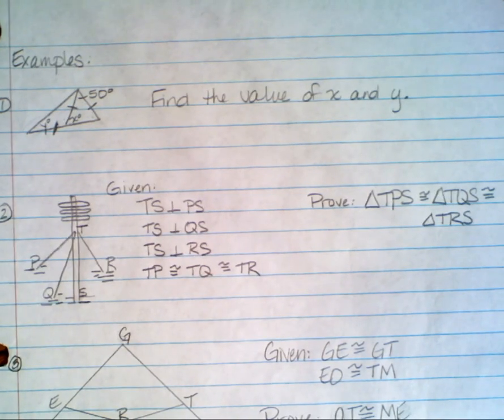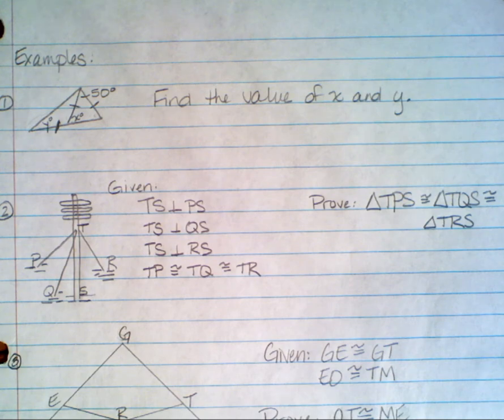This next problem probably needs a little bit of explanation because I'm trying to draw a three-dimensional image in a two-dimensional space, which is difficult. If you think of that line TS as an electric pole, one of those poles you see on the side of the road as you're driving, that's what I'm going for in this drawing.